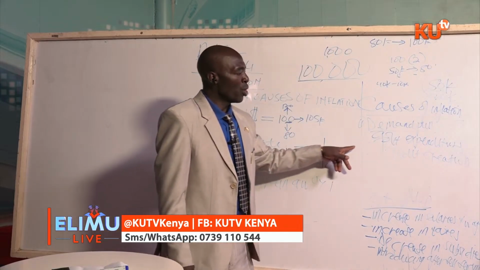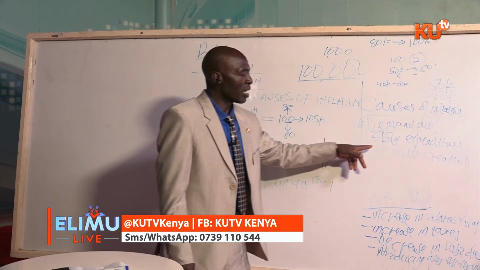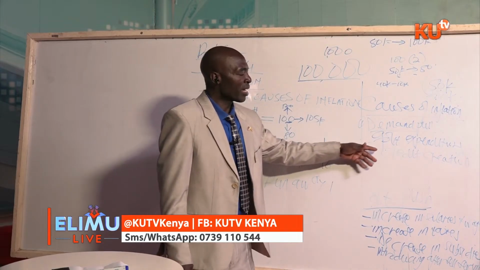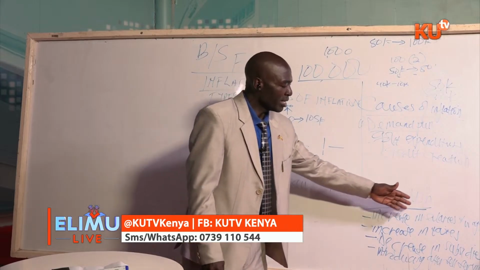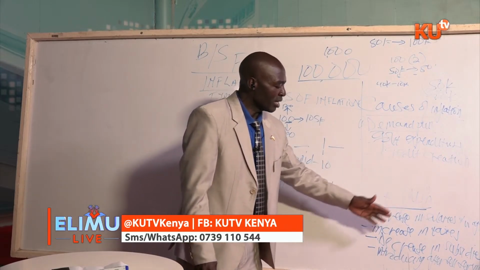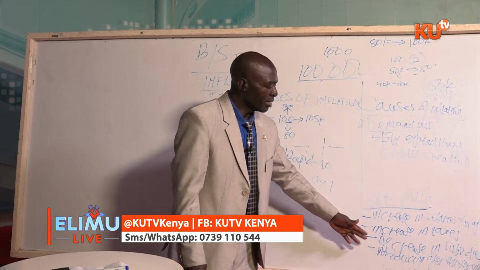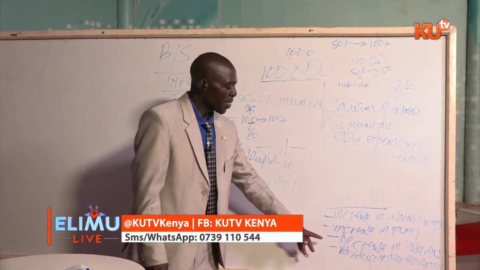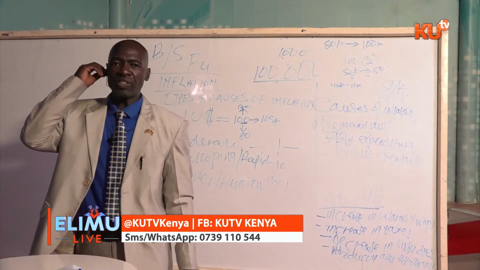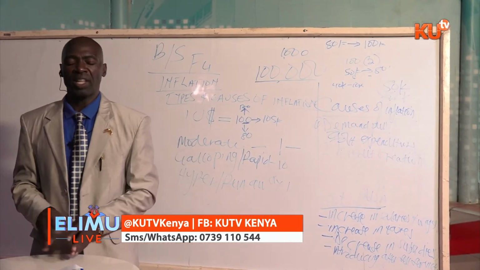Under demand pull, we looked at increase in government expenditure, the credit creation, and so on. Cost push: increase in salaries and wages, increase in taxes, decrease in subsidies and incentives and tax holidays to the producers, then introducing an after-sale service to this particular product.